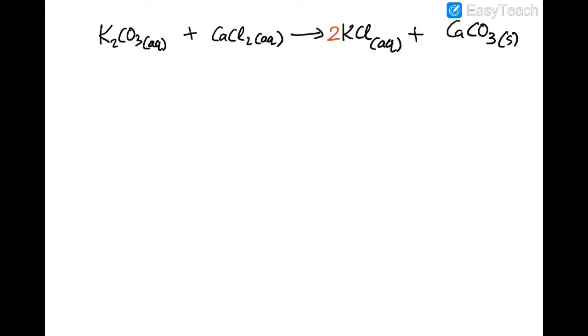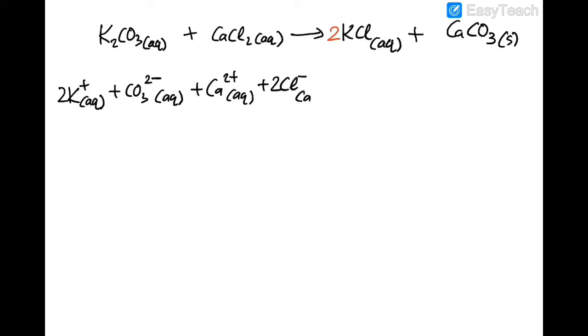And now we can write down the ions, which is 2K plus, CO3 2 minus, plus Ca2 plus aqueous, plus 2Cl minus. Don't forget, all soluble salts dissociate completely. And in this case, 2K plus, 2Cl minus.